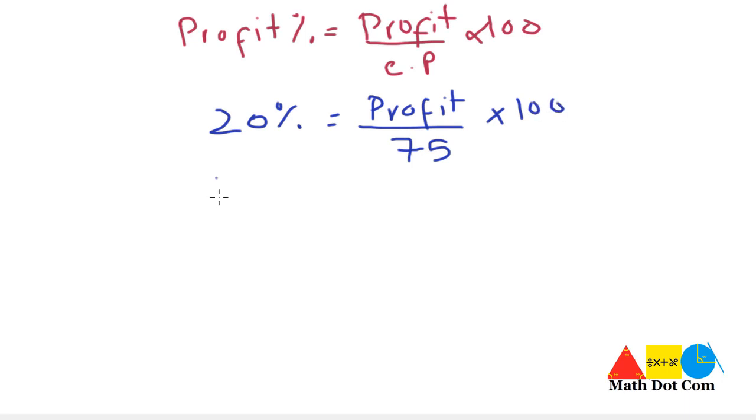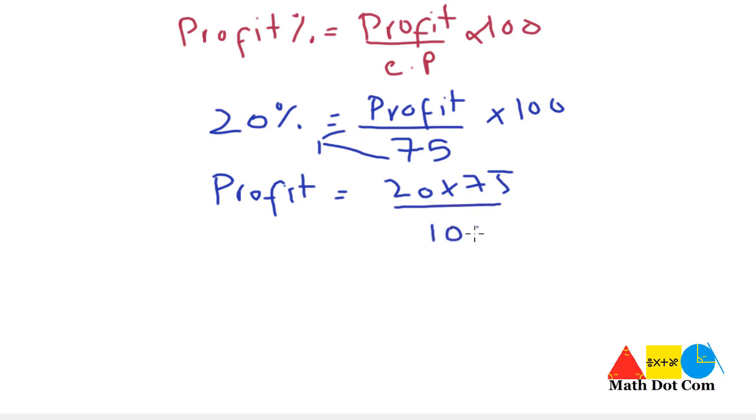We will solve it like keep profit on one side and move the others. We will move this here, 20 into 75 divided by 100. Okay, the answer will be 15. It means the profit is 15.